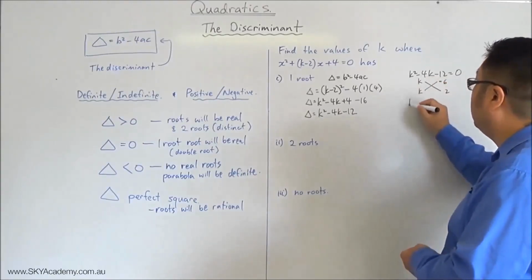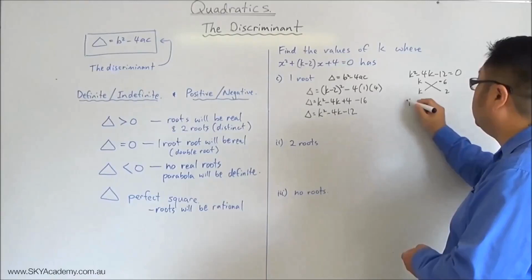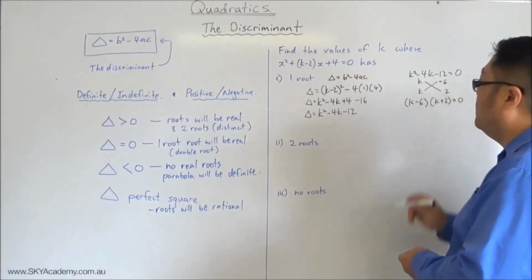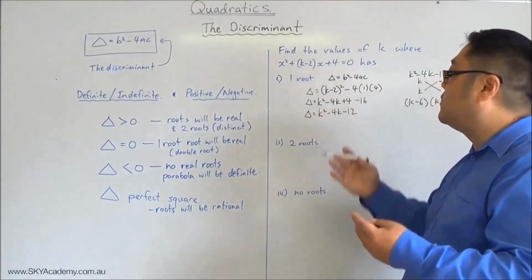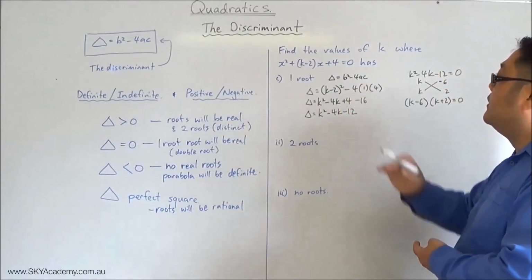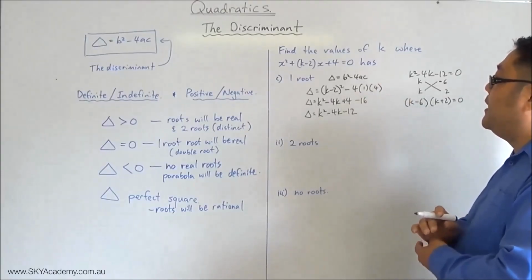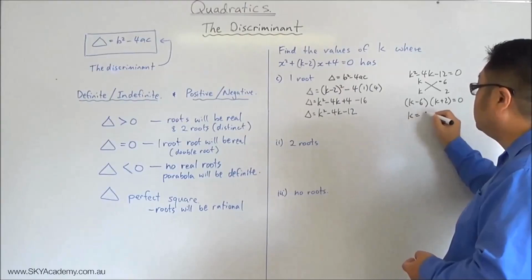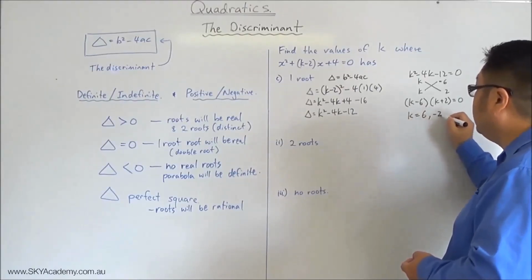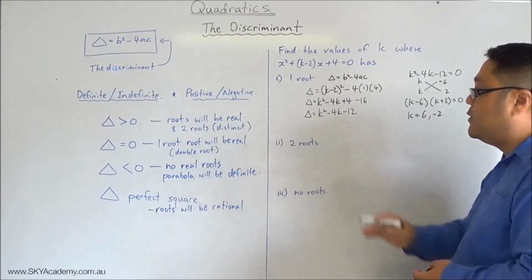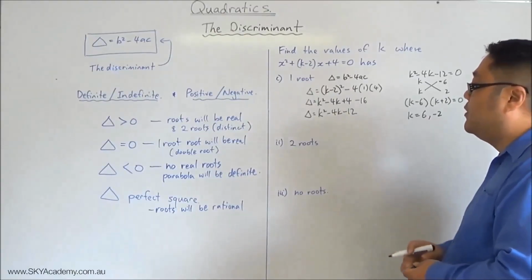So basically you've got (k minus 6)(k plus 2) equals 0. So there will be one root when k equals positive 6 or negative 2. Does that make sense?